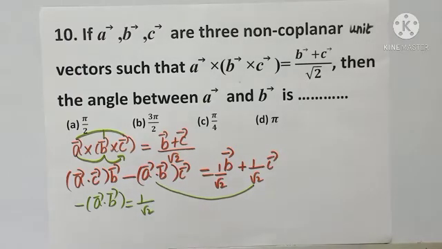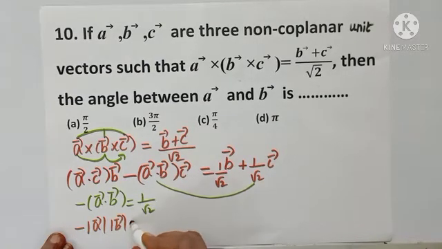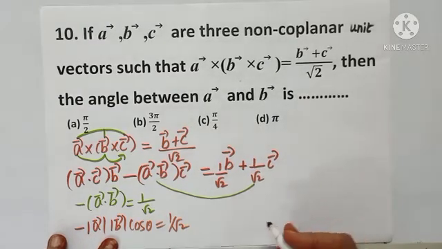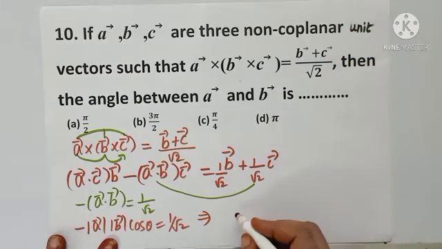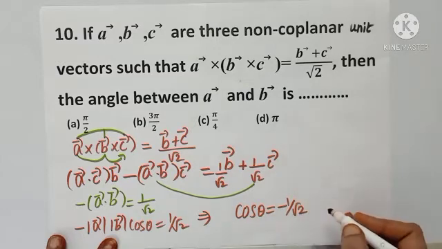But what is A dot B? The formula is mod A mod B cos theta, so minus mod A mod B cos theta is 1 by root 2. We know A, B are unit vectors, so I just get cos theta is minus 1 by root 2.